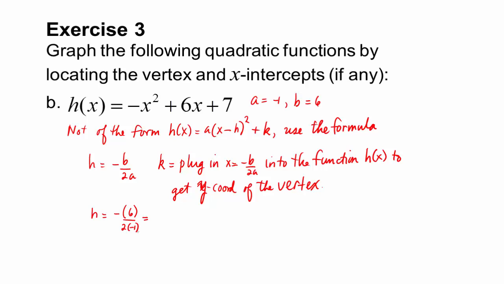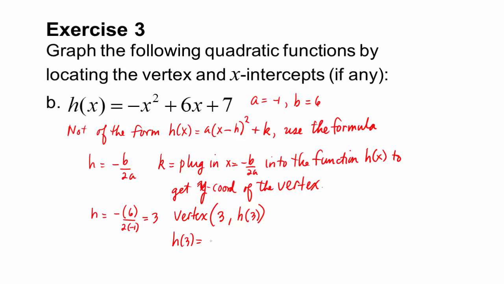So you have negative over negative is positive, 6 over 2 is 3. All right, so so far our vertex has the form 3, and then we don't know what the y coordinate is. Well, all you have to do is plug in 3 into the x for the quadratic function, so h of 3.